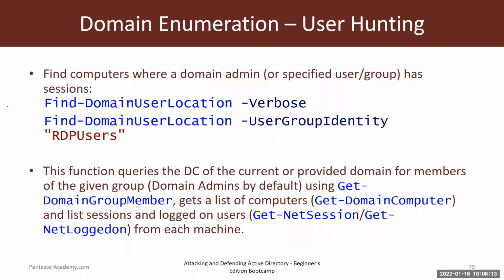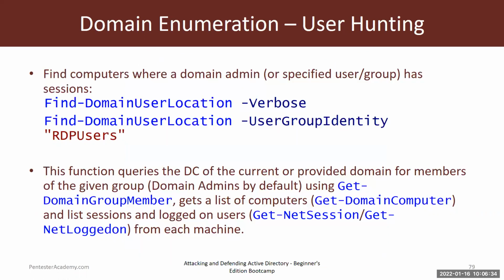Now, another enumeration technique similar to that, but far more effective if successful, is looking for a session or logon event of a domain admin. The idea is pretty similar to the previous one.